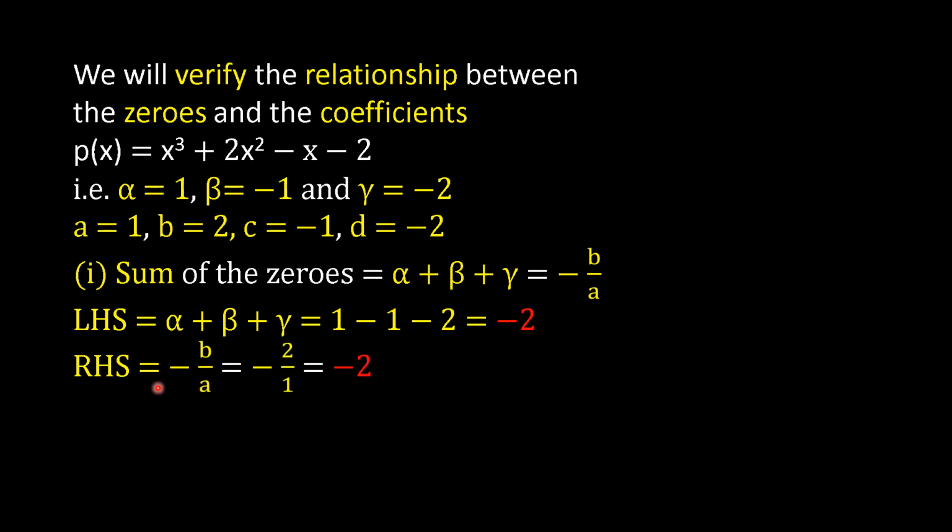Now RHS equals minus b upon a. We have b equals 2 and a equals 1. It gives us minus 2. Now since the right hand side of these two expressions is same, the relationship alpha plus beta plus gamma equals minus b upon a is verified.